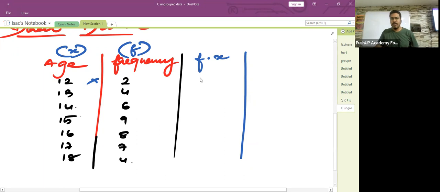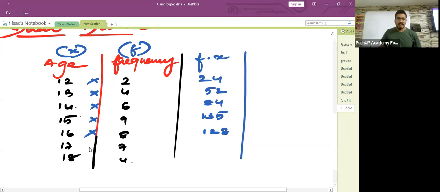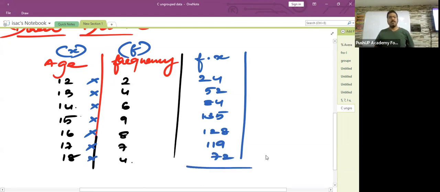So 12 into 2 will give you 24. 13 into 4 will give you 52. 14 into 6 will give you 84. 15 into 9 will give you 135. 16 into 8 will give you 128. 17 into 7 will give you 119. And 18 into 4 will give you 72. Done. You found all the values for f into x.